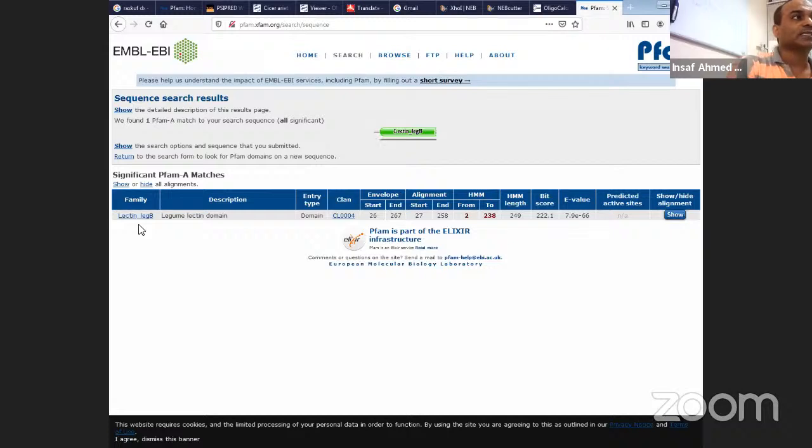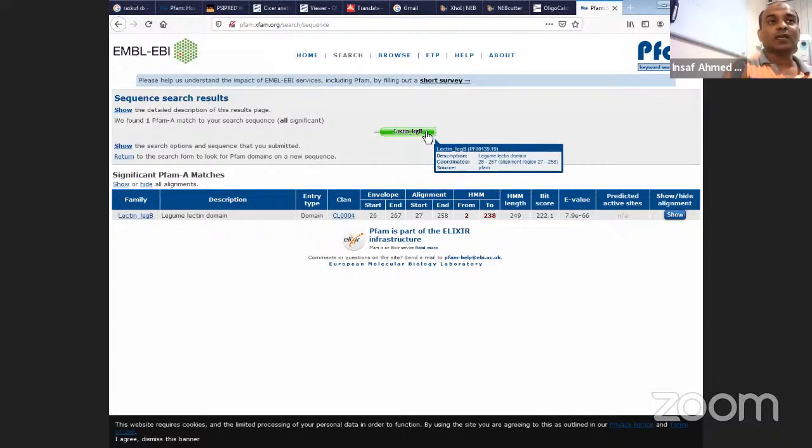You see here, the first thing is the diagrammatic representation, which shows a region from 26 to 267 amino acids. In total, how many do you have? You have 268.